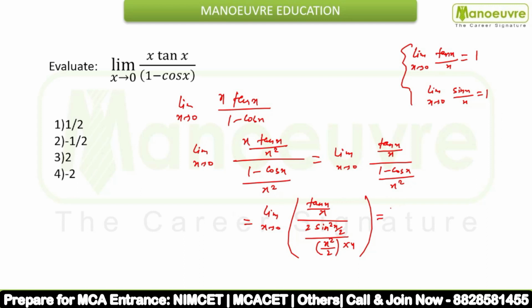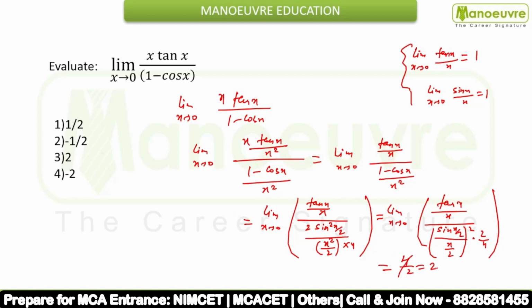Okay, so here we can get limit x tends to 0, tan x upon x upon sin x by 2 upon x by 2 to the whole square into 2 by 4, right? This value will be 1 and this value again 1, so the value of the whole limit will be 4 by 2, that is equal to 2. Hence third is the right option.